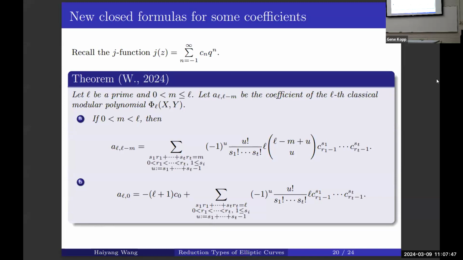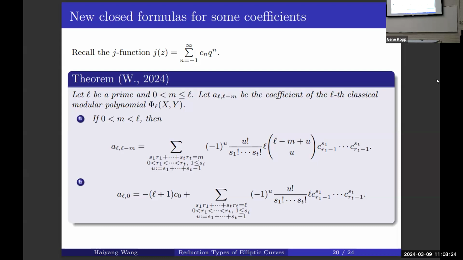As a step towards a possible proof of conjecture B, we provide a closed formula for some coefficients of the modular polynomial. Recall that c_n are the Fourier coefficients of the J function. Let L be a prime and let m be greater than 0 and less than L. Then we represent a_{L,L-m} in terms of the Fourier coefficients of the J function in this closed formula.